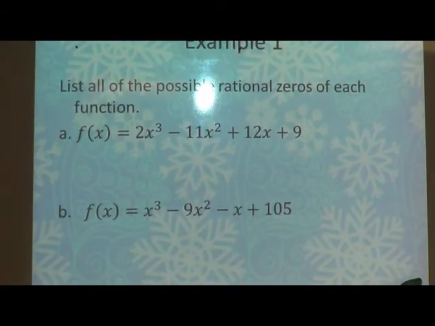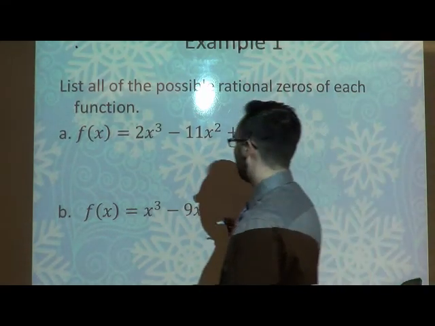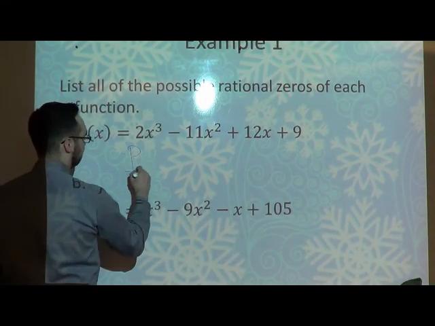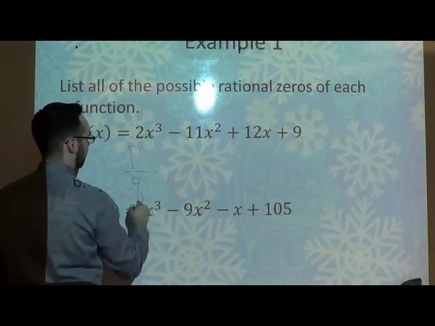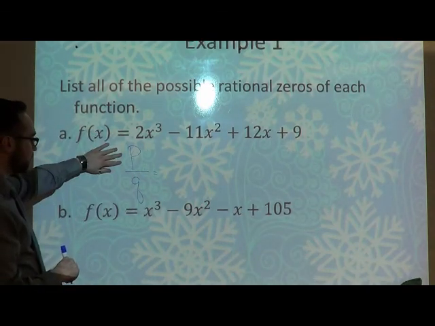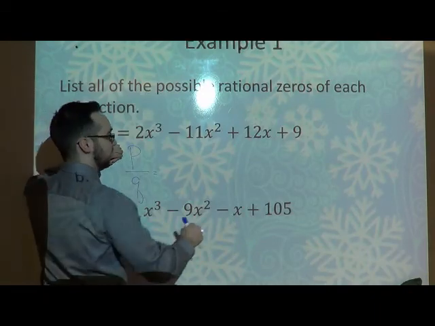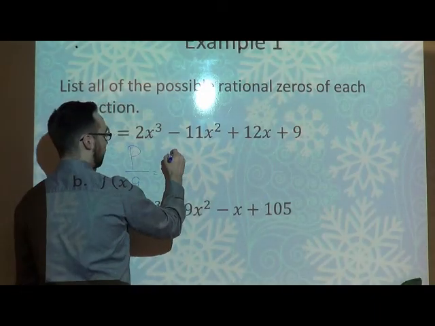So let's take a look at what that means. If we want to look at all the possible rational zeros of each function, what we're looking at is p over q, where p are all of the factors of 9. So what are the factors of 9?